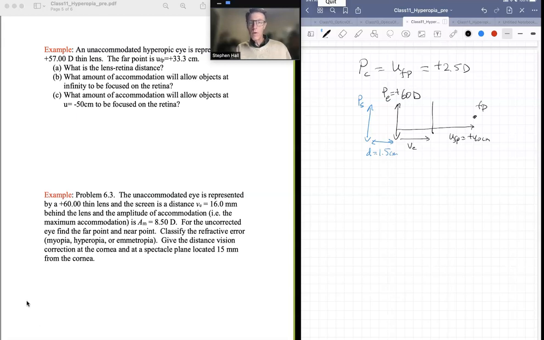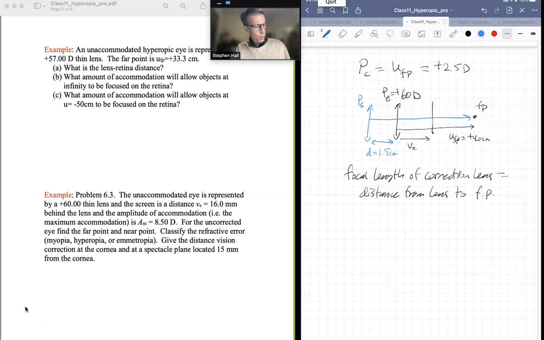And the key to doing these kinds of problems is to remember that the focal length of the correction lens has to equal the distance from the lens to the far point. So on my picture up here, that's the distance from the spectacle lens all the way over here to the far point, and that's the distance that needs to be the focal length of our spectacle lens.